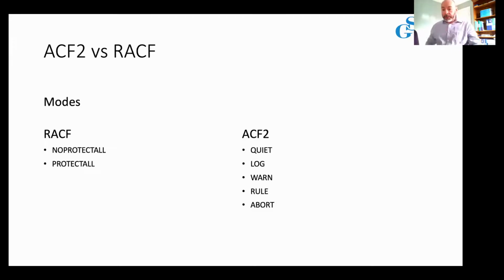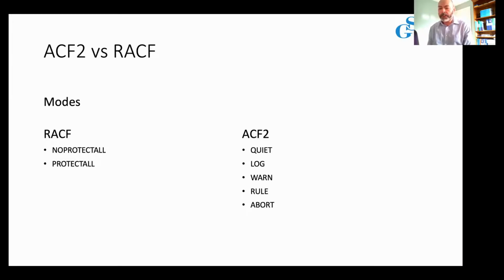Modes, the default state when you first install ACF2 or RACF. RACF comes defaulted to no protect all, which specifies that RACF doesn't check for protection when processing a request to create or access a data set.